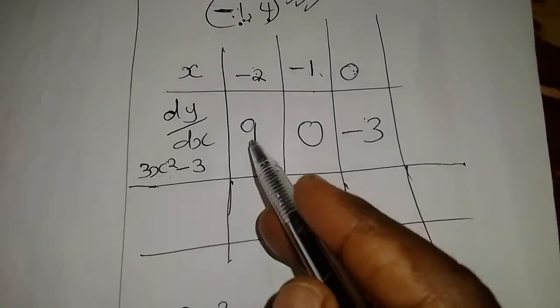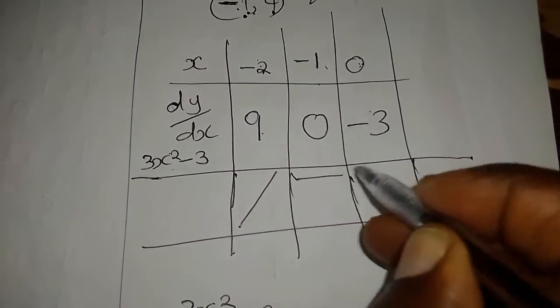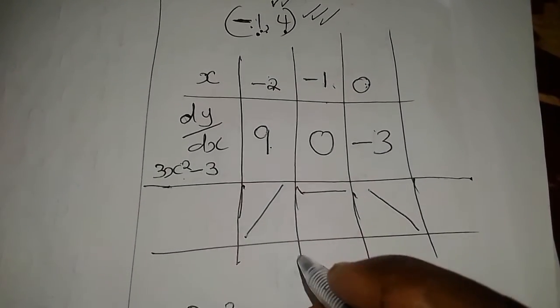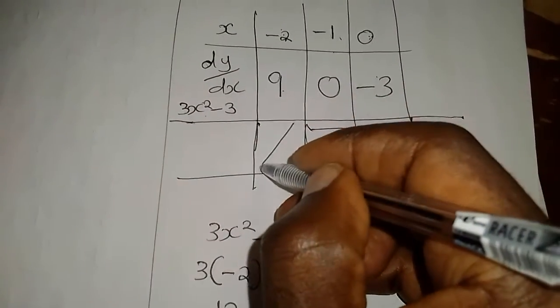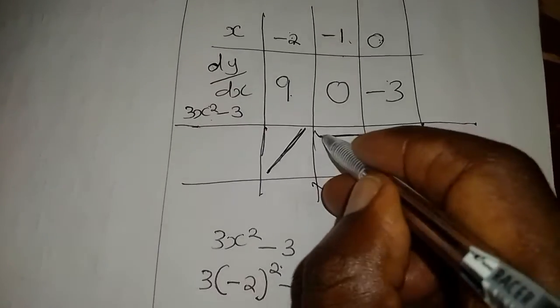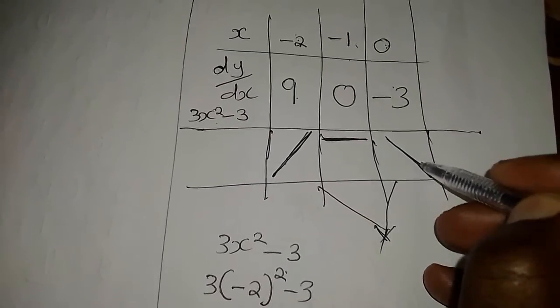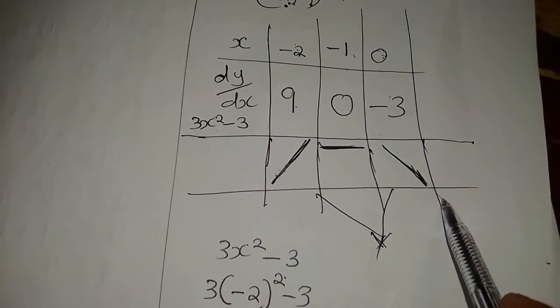The shape: this is positive, so the curve is increasing. 0, constant. Negative, decreasing. So this gives us something of this sort. So increasing, constant, decreasing.